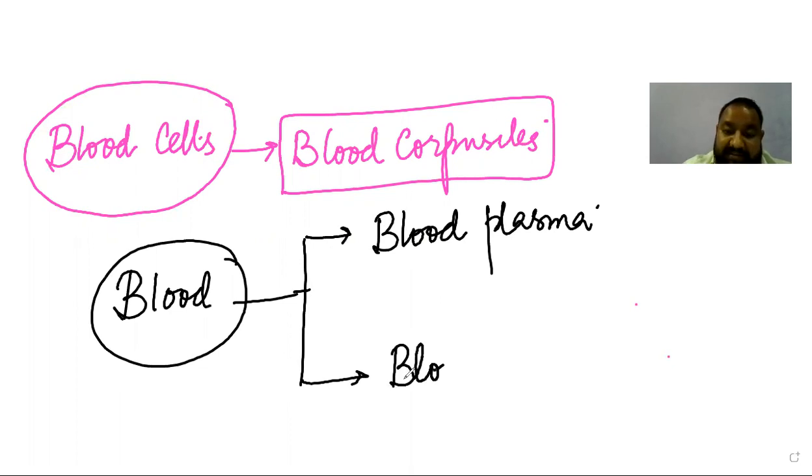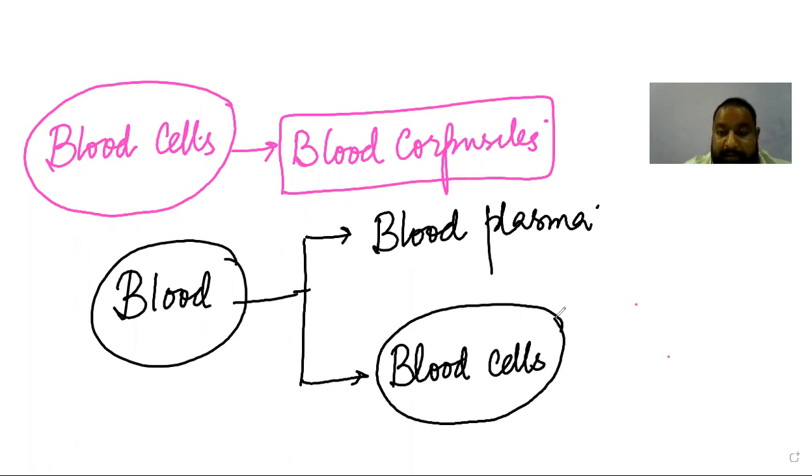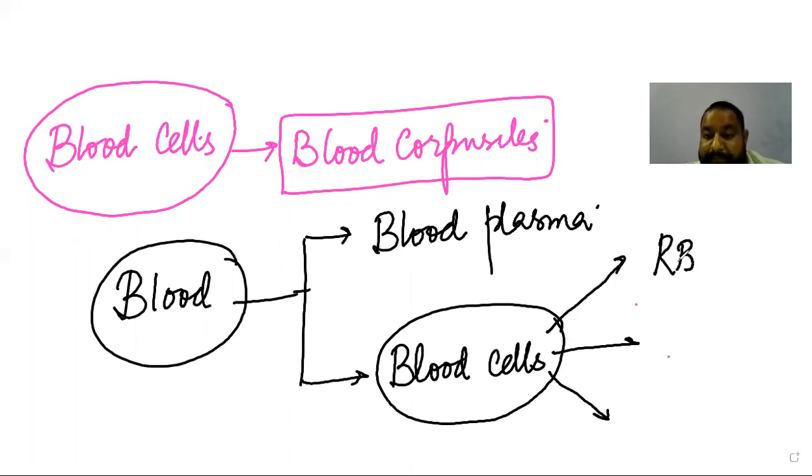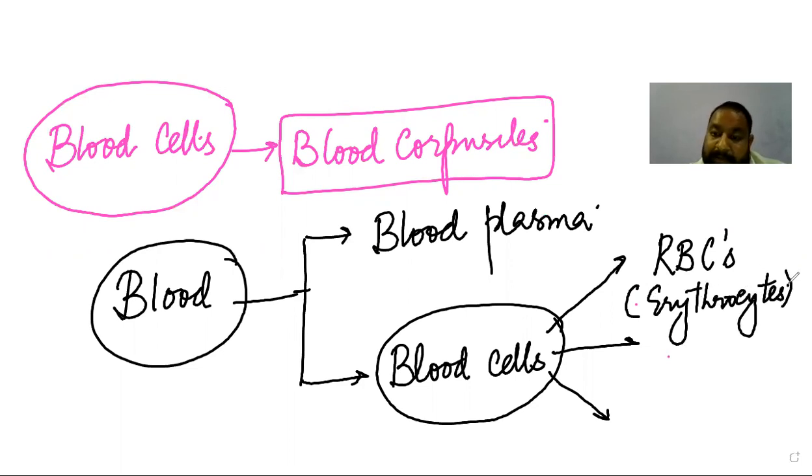These blood cells can be of three types. We have RBCs, also known as the red blood cells or erythrocytes. We have WBCs, also known as the white blood cells or the leukocytes.